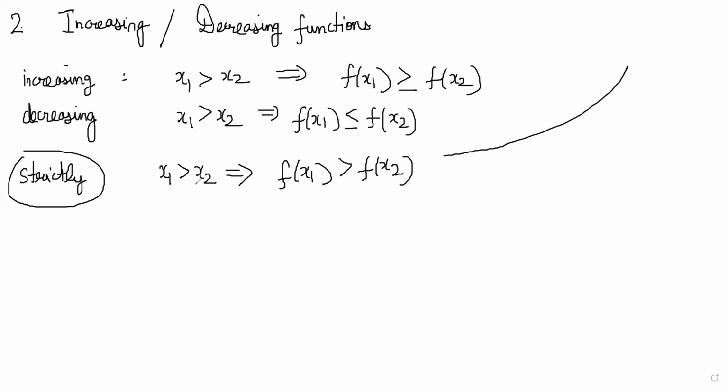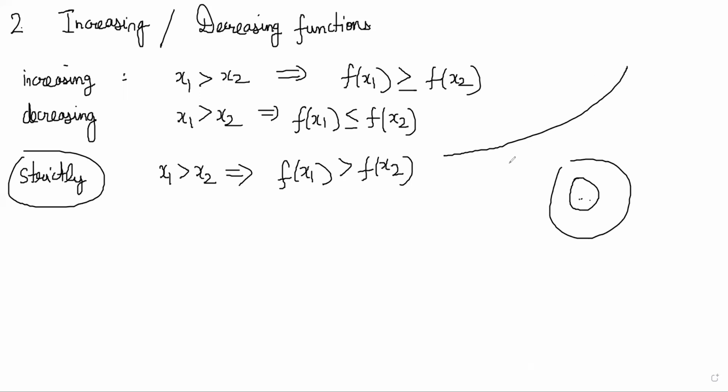In both the cases, in increasing and decreasing, there is f of x1 equal to f of x2. That doesn't matter. Increasing is a more general definition. It could be strictly or not. Strictly increasing is a particular case of that.